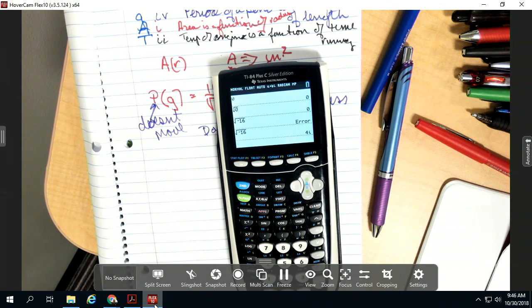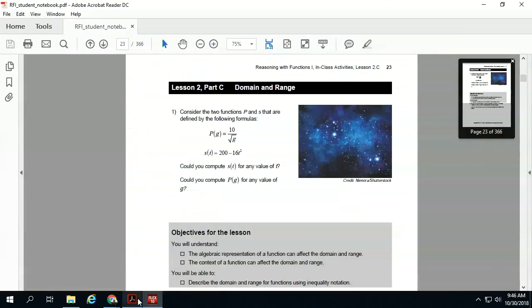But what they want to show us here is that in this book, the domain won't have 0 or square roots as being possible. So, can we find S for any value of t? Sure. We just keep plugging in different values of t, squaring them.